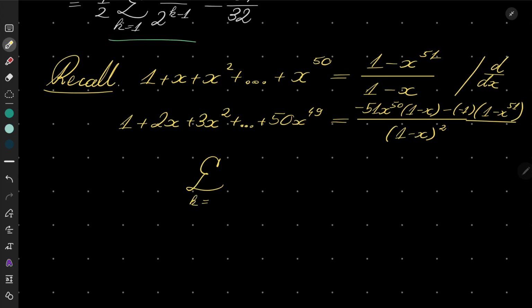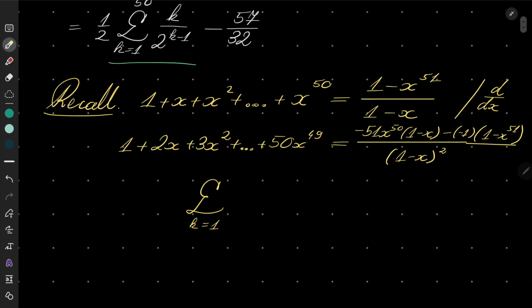It's the sum from k equals 1 up to 50 of k times x to the power k minus 1.